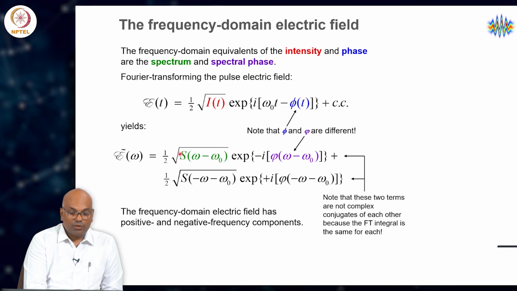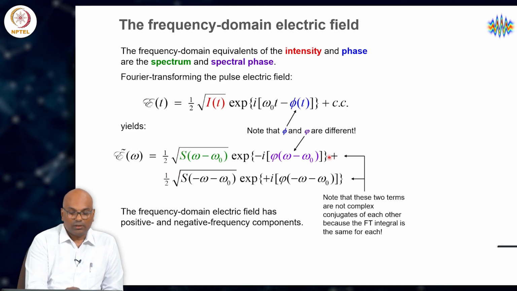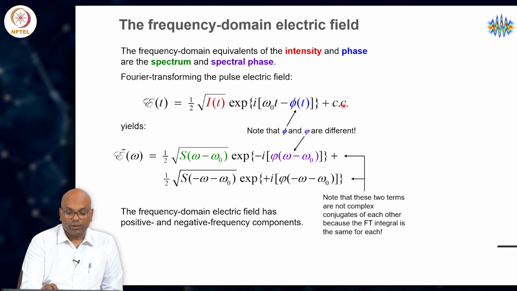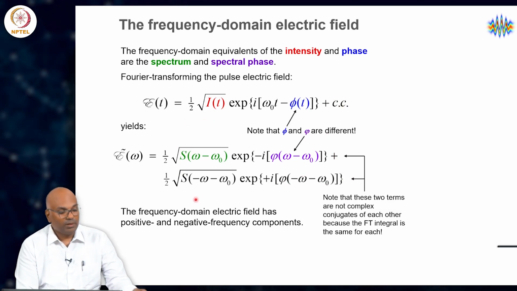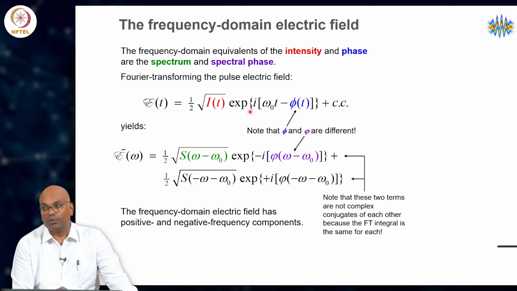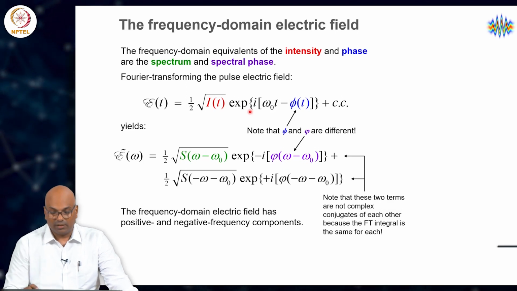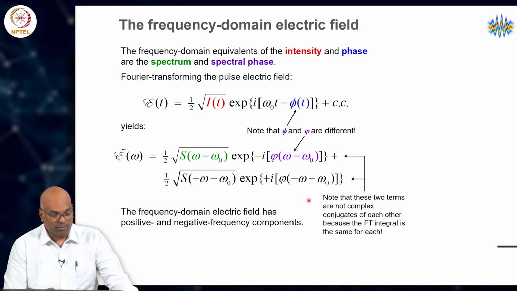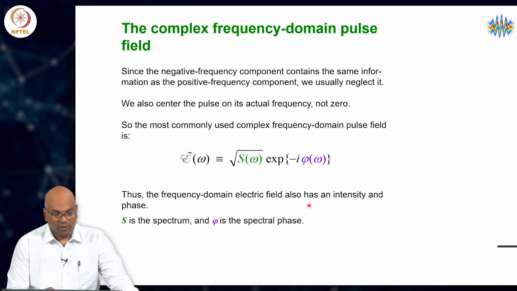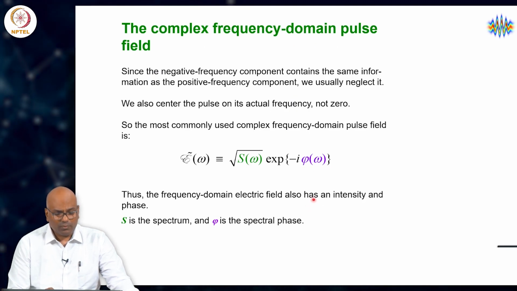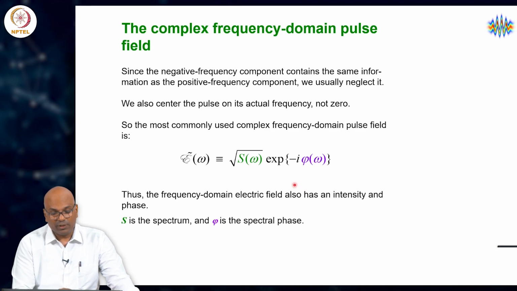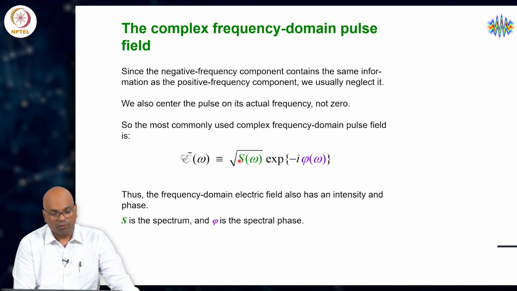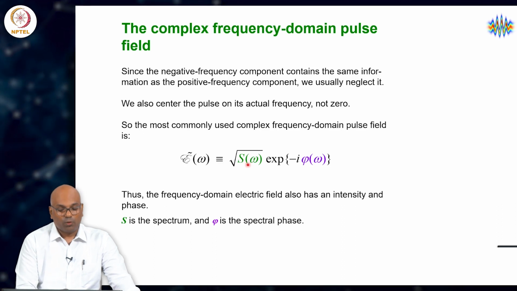And since these two functions are the same, the second term essentially is owing to the complex conjugate, which keeps things real, because we chose the time domain to describe the pulse in a primary sense, right. So, this led us to again describing an amplitude complex frequency domain pulse field E tilde of omega, which is the square root of S of omega.